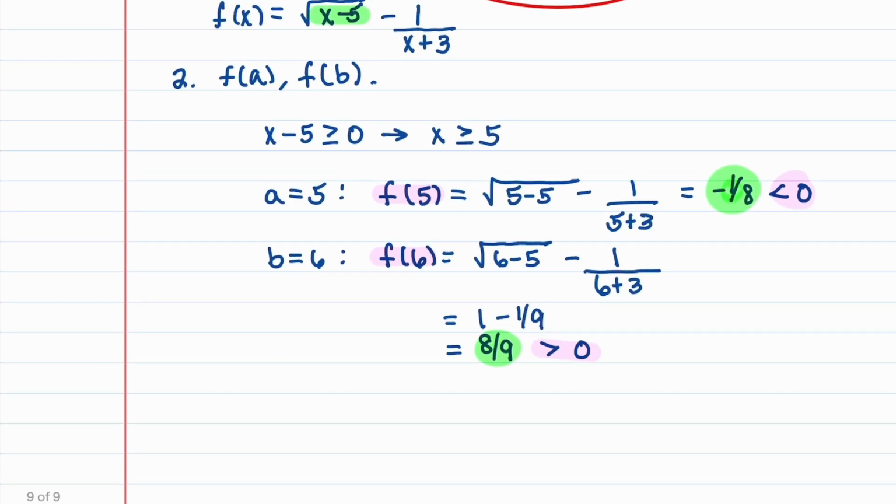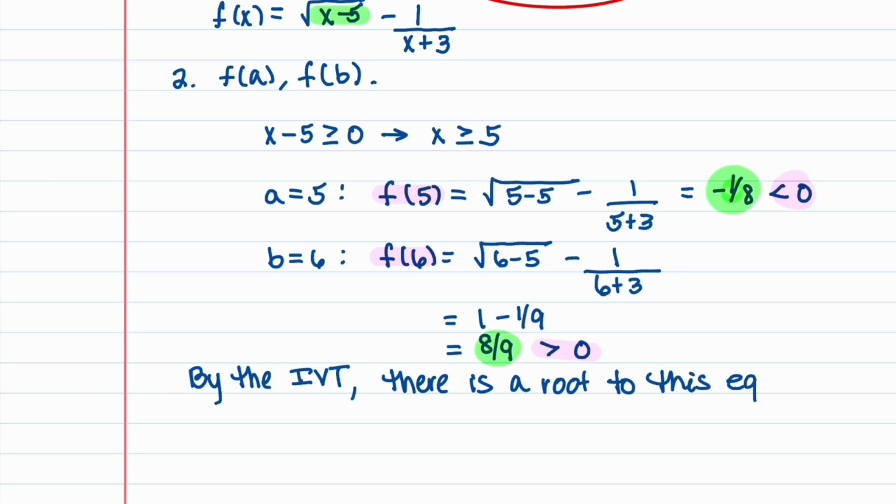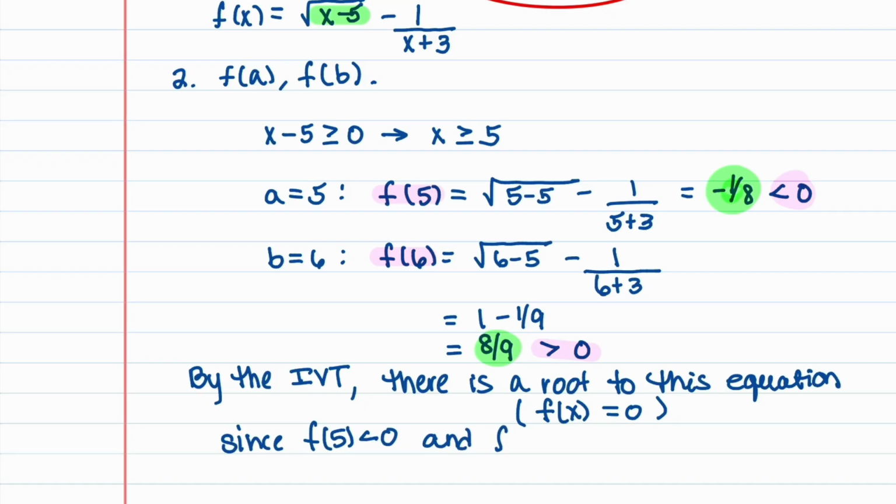So this tells us by the intermediate value theorem, let's write that down, we'll abbreviate it as IVT, there is a root to this equation, and let's put in parentheses that that root is where f of x is equal to 0, since f of 5 is less than 0 and f of 6 is greater than 0.